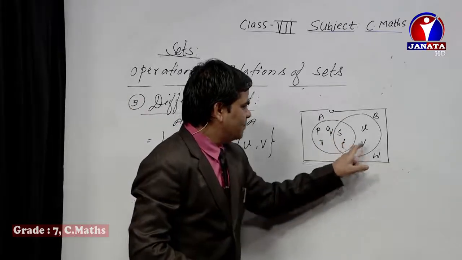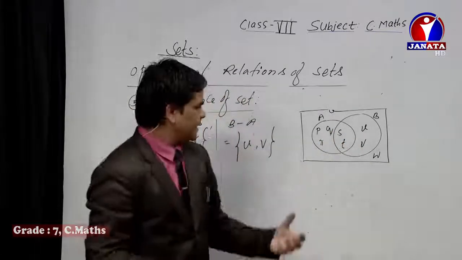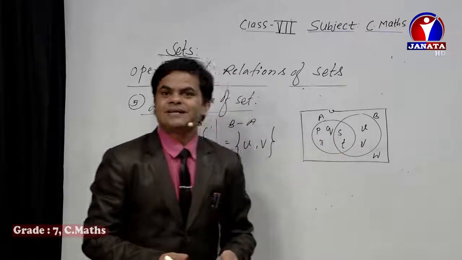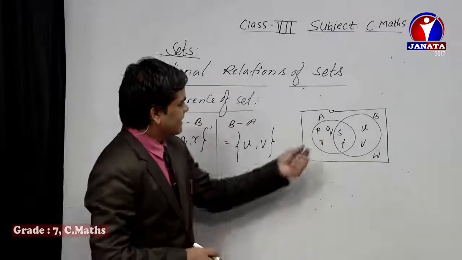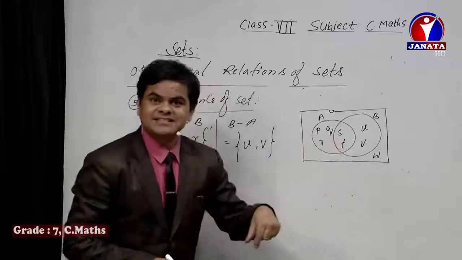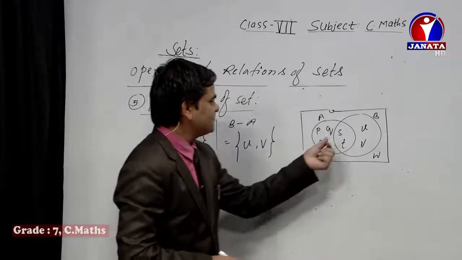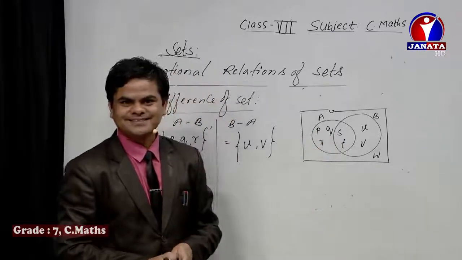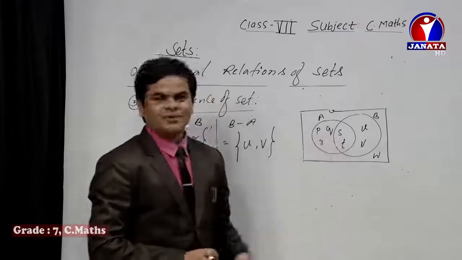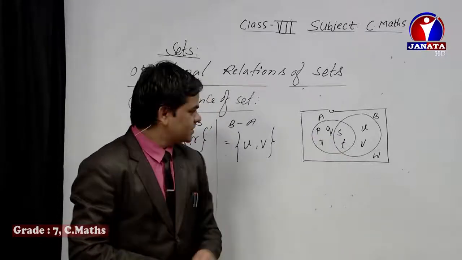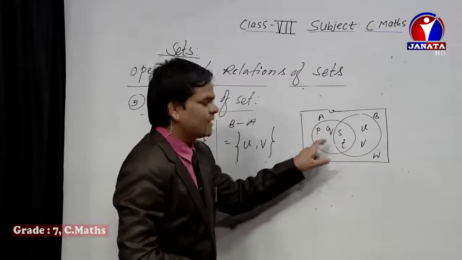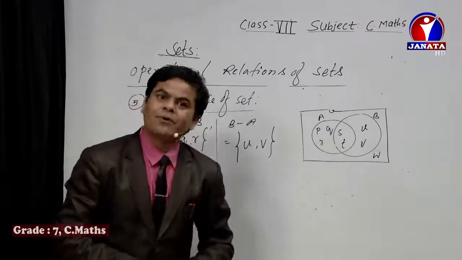S, T, U, V, they like banana. And S and T, if they get a chance, they may like both, dear students. S and T like both, but P, Q, and R want to have only apple.